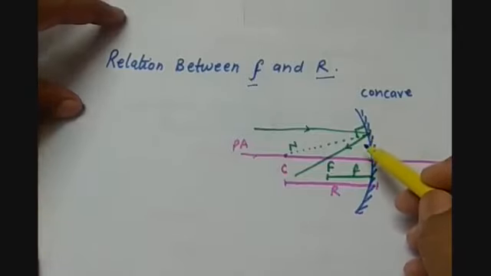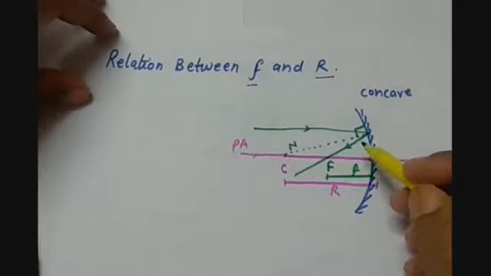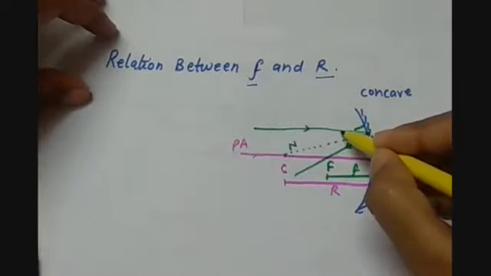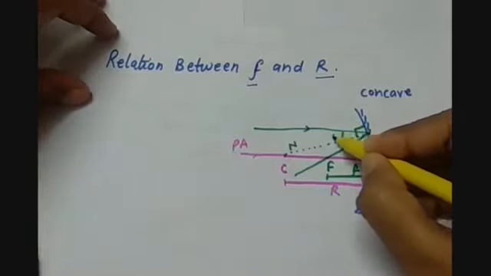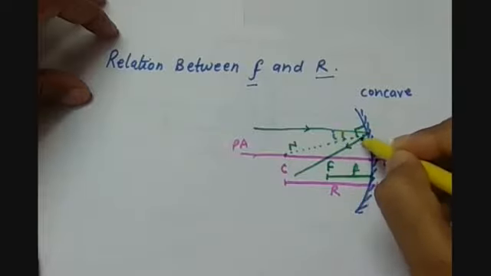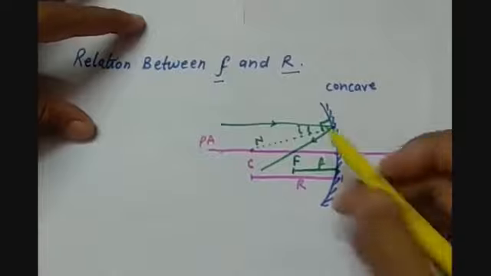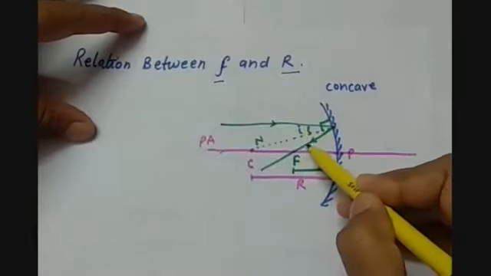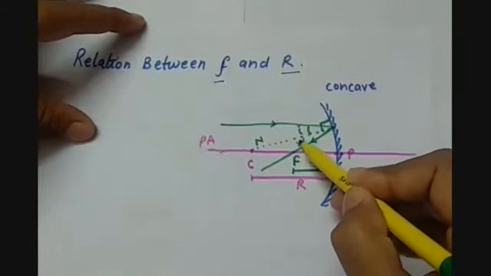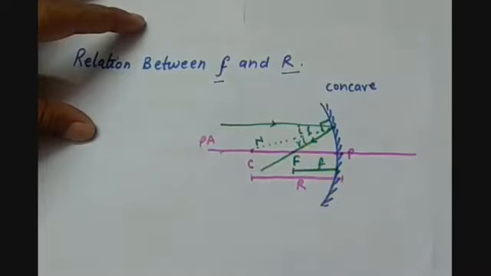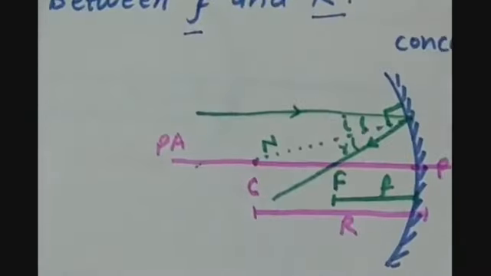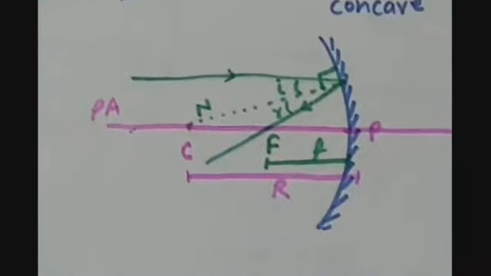According to the law of reflection, the incident light makes an angle I with the normal, called the incidence angle, and the reflected light also makes an angle R with the normal. Now you can see it clearly.